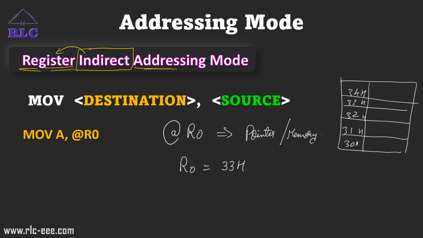So assume this as memory locations and they have data something like 00H, 05H, 21H, 62H, FFH, like this.